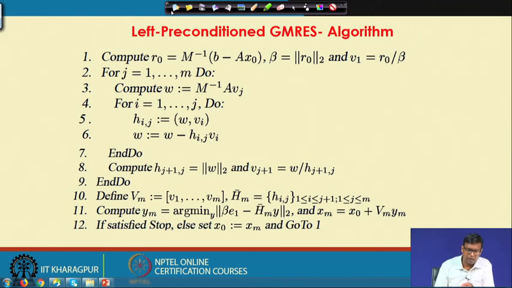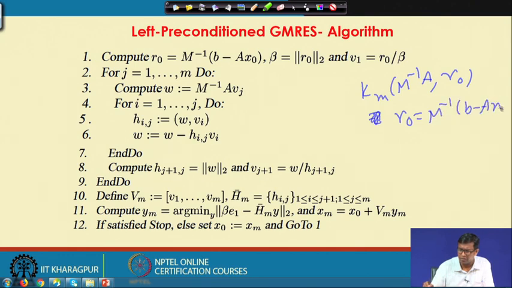So, the Krylov subspace vectors are found for M inverse A and r naught, and the new residue vector r naught is equal to M inverse (b minus A x 0). This is the new residue vector. So, instead of solving A x is equal to b, we are solving M inverse A x is equal to M inverse b in GMRES. There is no other change, only the idea is that we are solving M inverse A x is equal to M inverse b.